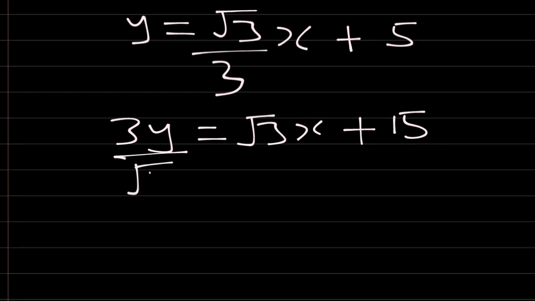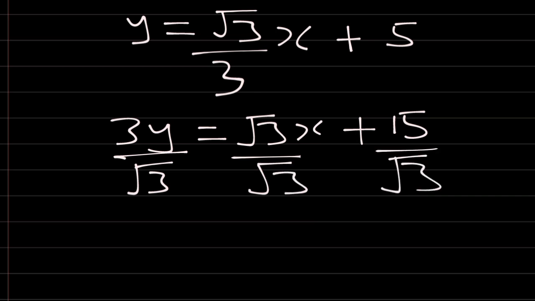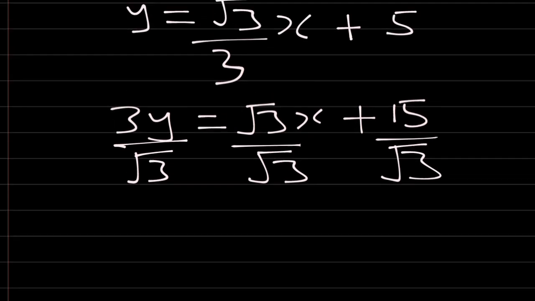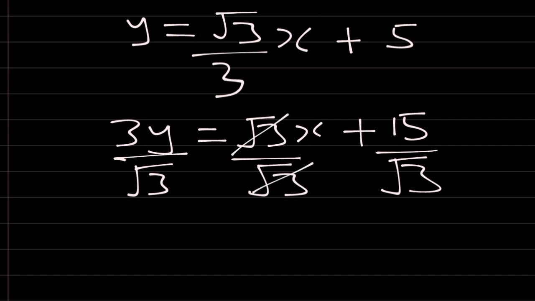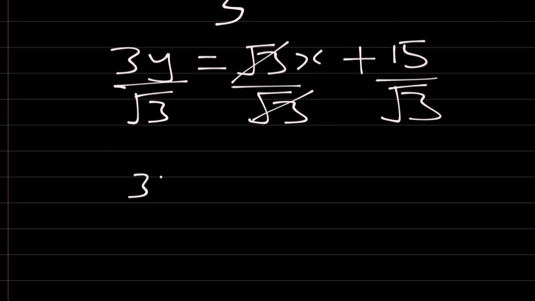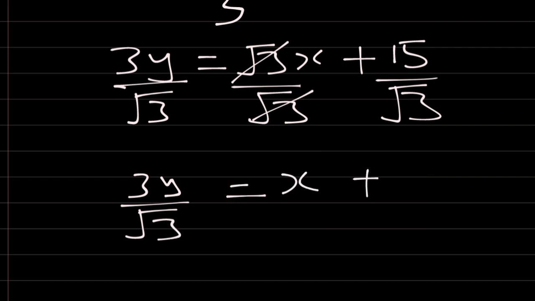I have everything over root 3. Root 3 we cancel root 3 here. Therefore, we are left with 3y over root 3 is equal to x plus 15 over root 3.